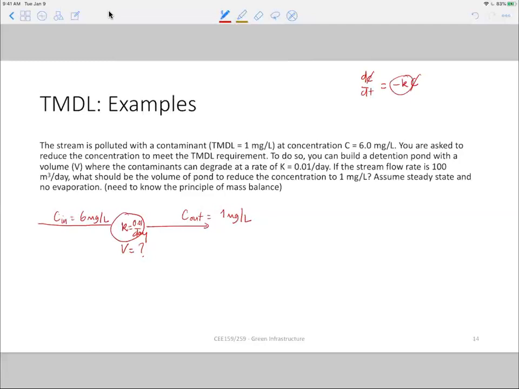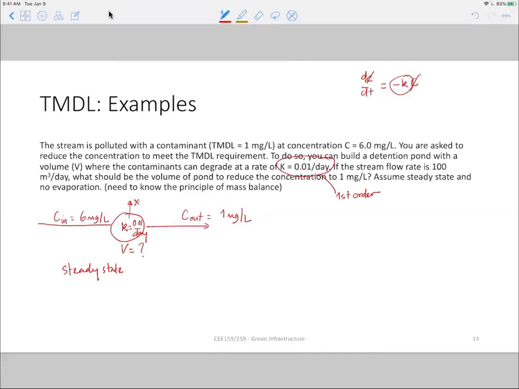Because the K is 0.01 over day, we can assume this is a first order reaction. So we can say this is first order. And also we are given that this is a steady state, and there is no evaporation. That means there is no mass loss.